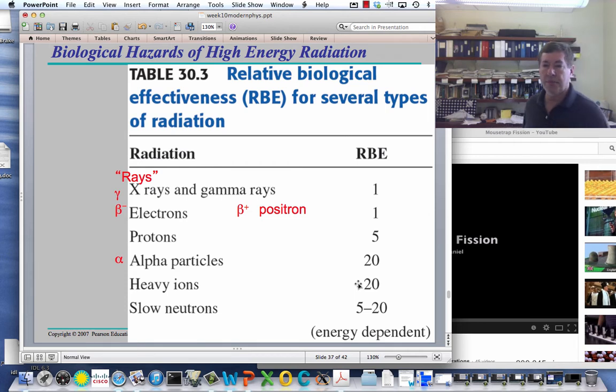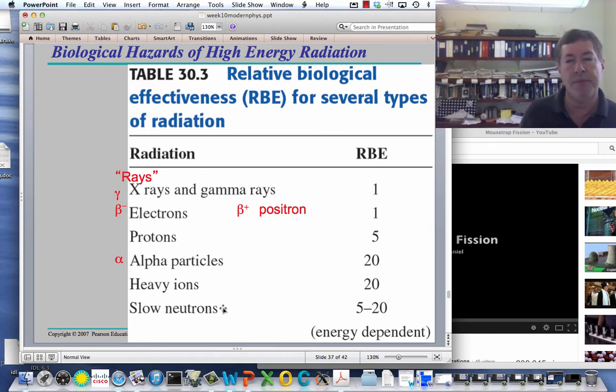They're fairly easy to block, but you really do not want to be ingesting them. Very bad. Bare protons will occasionally come out. I haven't shown you any reactions to that, and I don't think I'm going to ask you reactions. The reactions I'm going to ask you on the exam are alpha decay, beta decay, gamma decay. Those are the only ones I've ever seen on the MCAT. Some of these other ones could happen. Protons are sort of intermediate. They have a lot more mass than electrons and positrons, so they're more damaging.